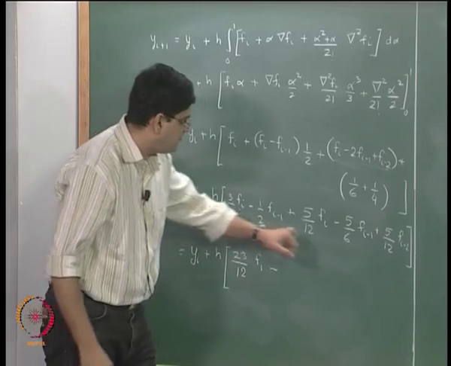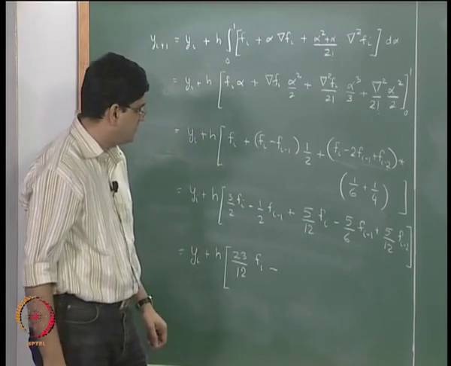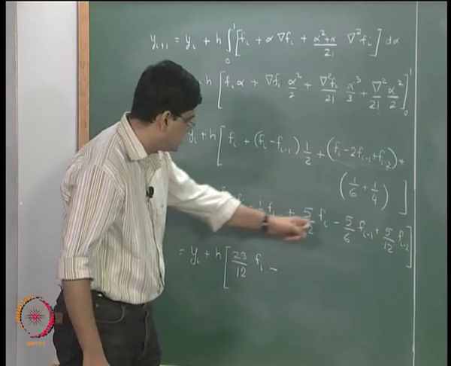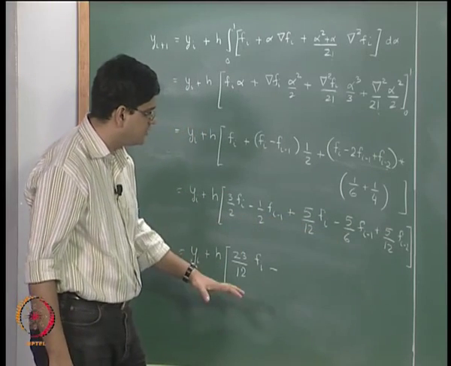minus half plus 5 by 6, that is going to be 3 by 6 plus 5 by 6, that is going to be 8 by 6.